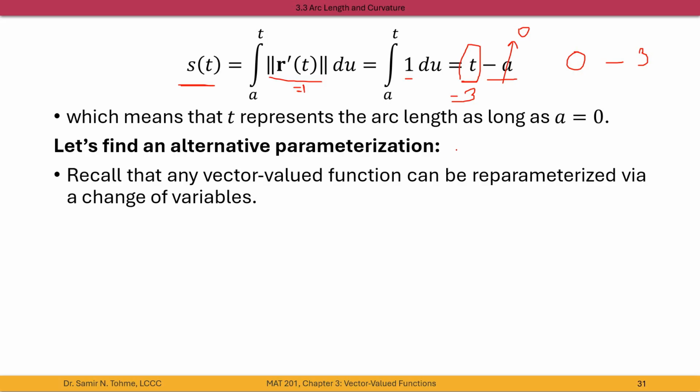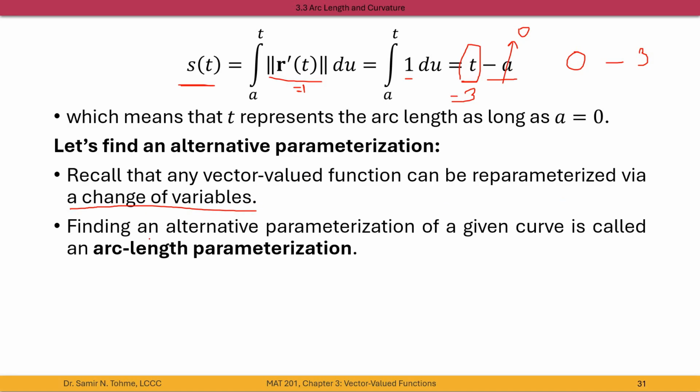Let's find an alternative parameterization. We discussed the parameterization in the previous lectures, and we will discuss it in a few more examples now. Recall that any vector valued function can be parameterized via a change of variables. Finding an alternative parameterization of a given curve is called arc length parameterization. So we're gonna change the variable of a vector function without changing the shape of the curve.